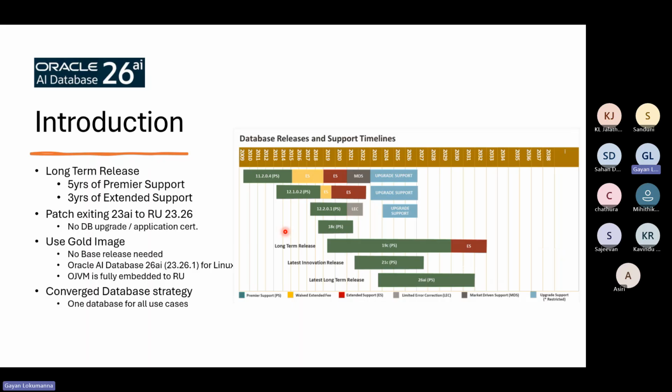Now we talk about vectorization. Vector data types are also available within the Oracle database, so for any data that you want to store, you don't need to go for different types of databases; you can use the same database to hold all these types of data. When you have the support to store any kind of data in a single database, introducing AI becomes much easier because the data will not move from one location to another.